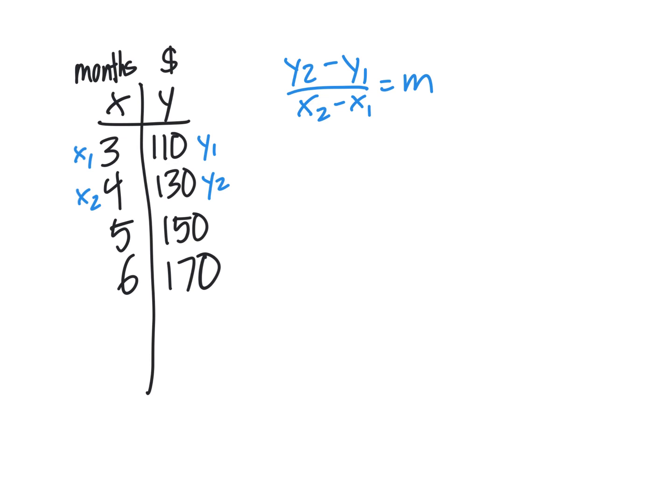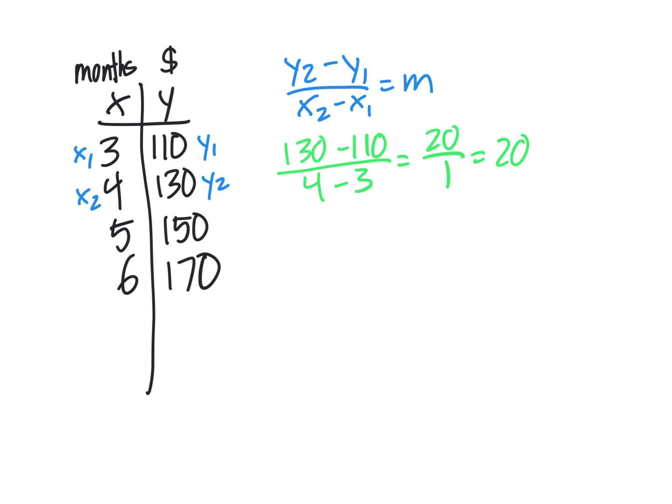And then I'm just going to go ahead and start plugging in. So I'm going to have 130 minus 110 over 4 minus 3. That conveniently is 1. This is going to be 20. So my slope is going to be 20.